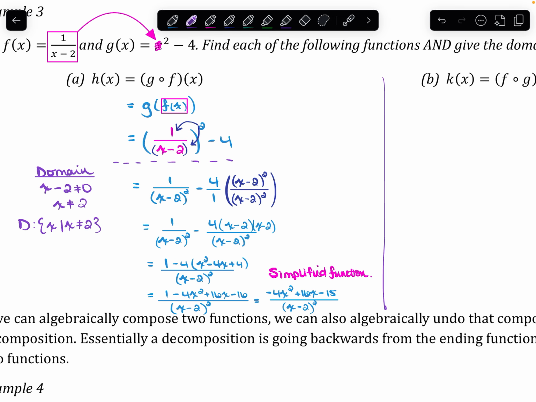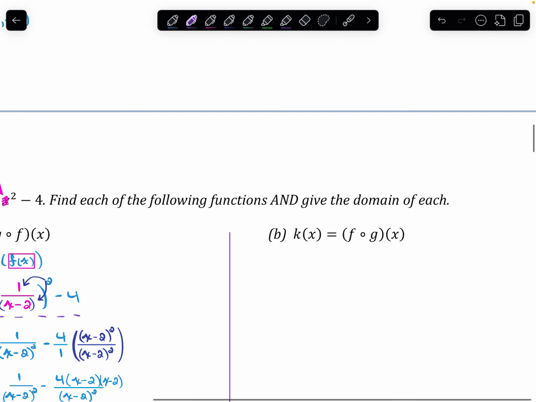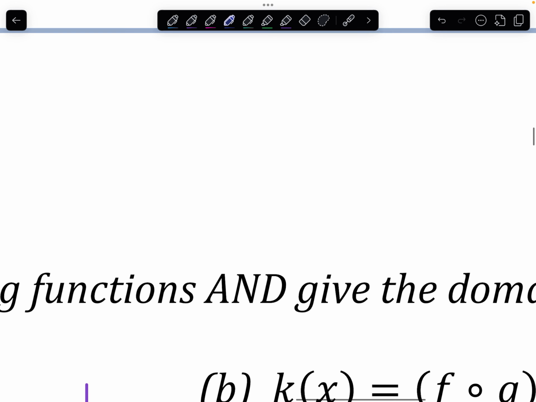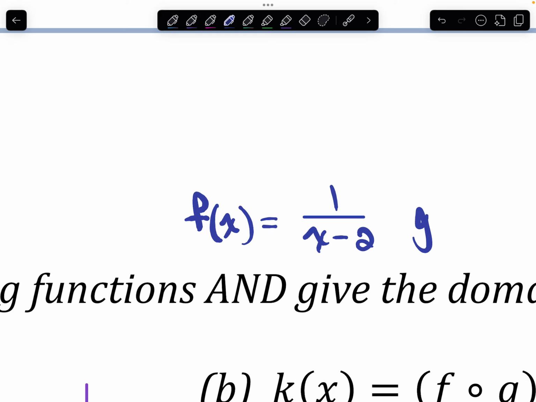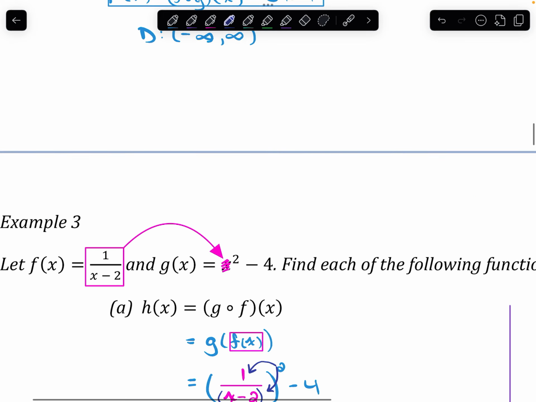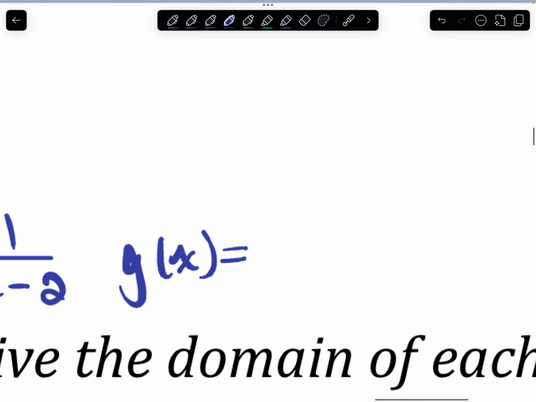Next, let's go get our functions, f and g. f is 1 over x minus 2, and g is x squared minus 4.